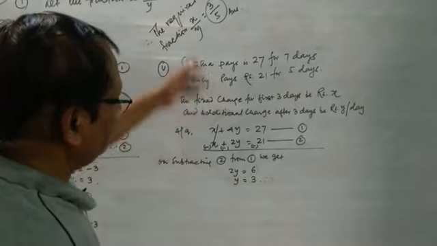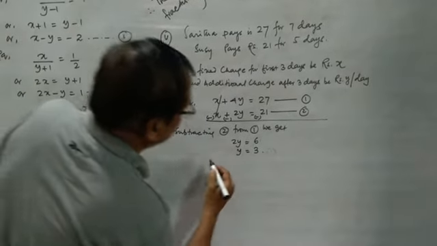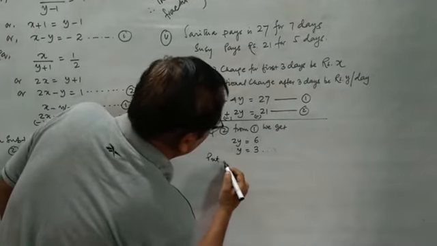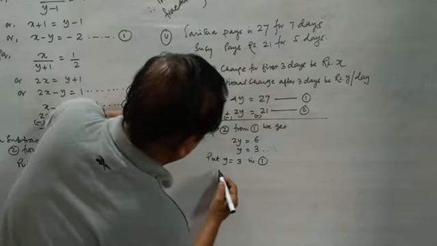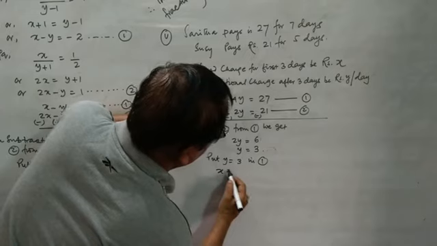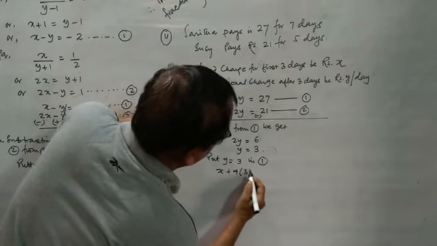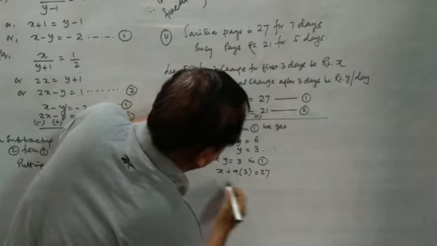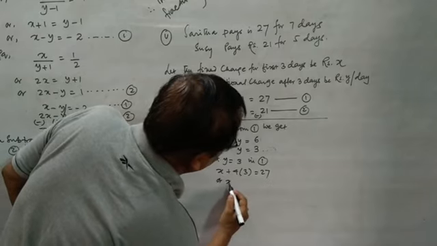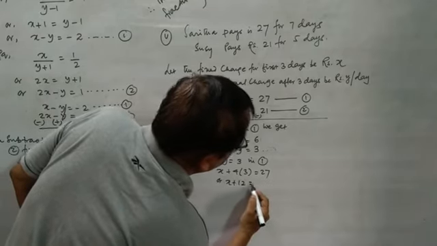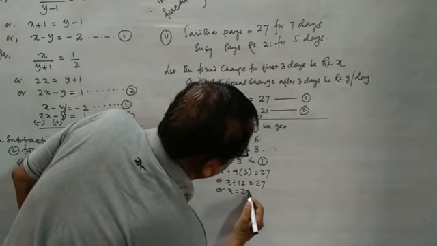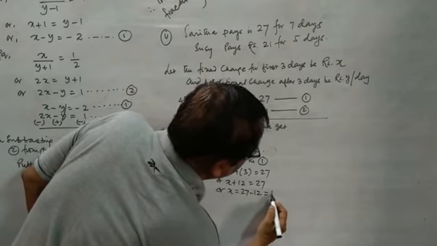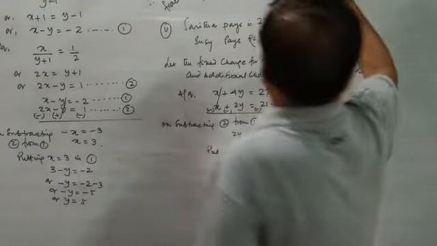Now put this value in either of the 2 equations. Put Y equals 3 in 1. So X plus 4 into 3 is equal to 27, or X plus 12 equals 27, or X equals 27 minus 12, which is equal to 15.